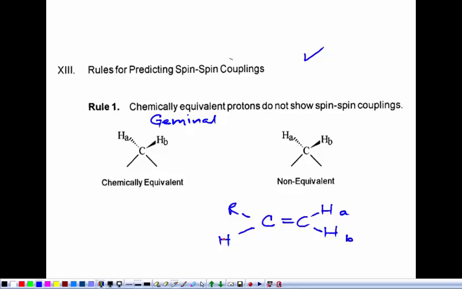So in this case, it would be split by this one and then by the neighbor. This hydrogen would be a doublet from B and then a doublet over here, and this B would be a doublet from A and there. So you have to be careful, because sometimes that will happen.